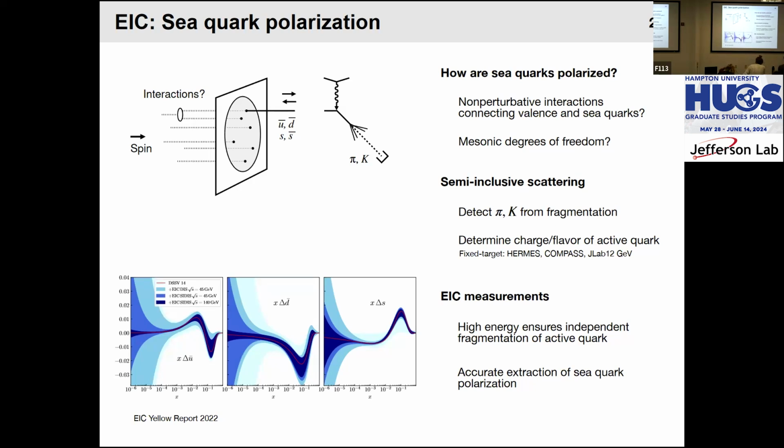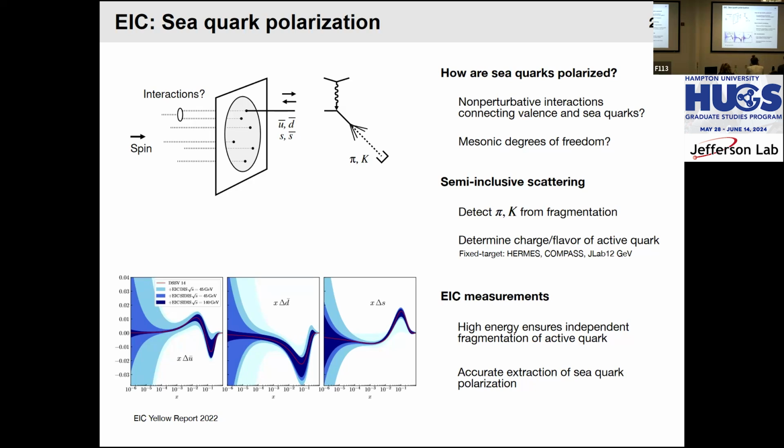Now, these C quarks can be probed using semi-inclusive scattering, where we detect a pion or a kaon from what's called the fragmentation of the struck quark. This allows us to effectively infer the charge and the flavor of the struck quark in the deep inelastic scattering process.